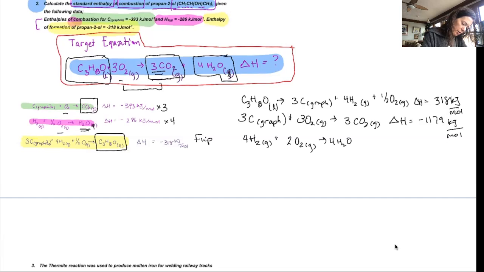We'll make that a liquid, and the delta H of that is going to be the -286 times 4, -1144.